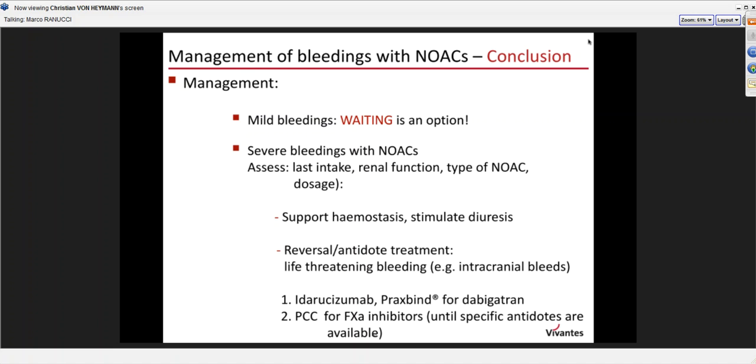Maybe it could be an acute coronary syndrome patient receiving low molecular weight heparin now, so we have to operate on him emergently. So do we have any possibility to reverse the effect of low molecular weight heparin by using andexanet alfa in this case?